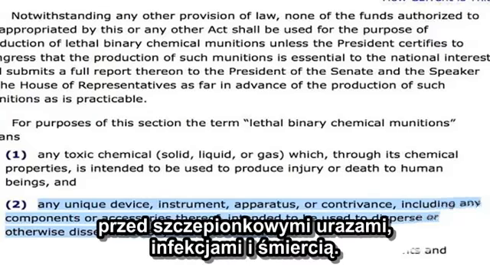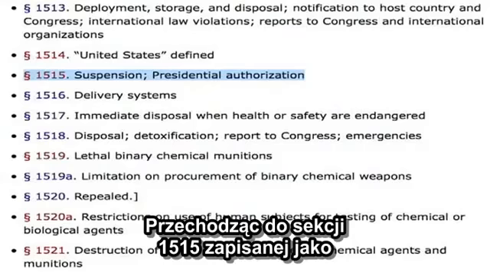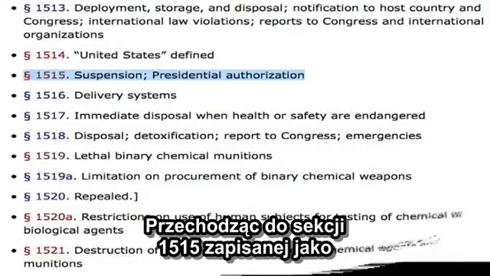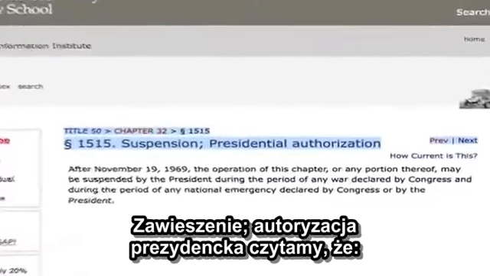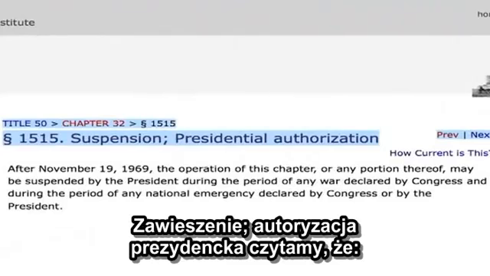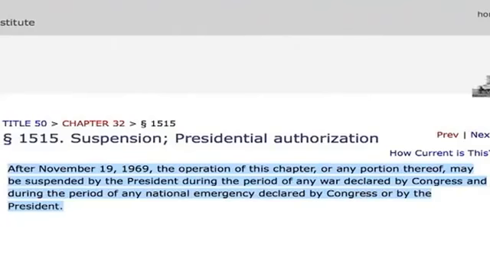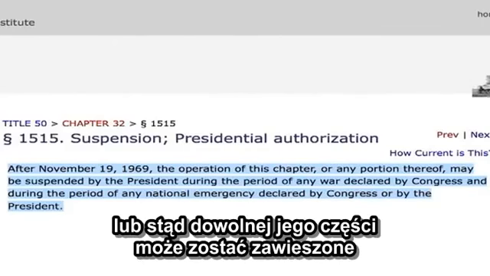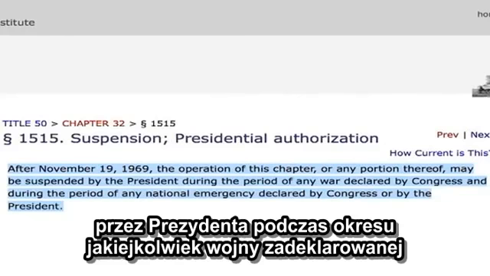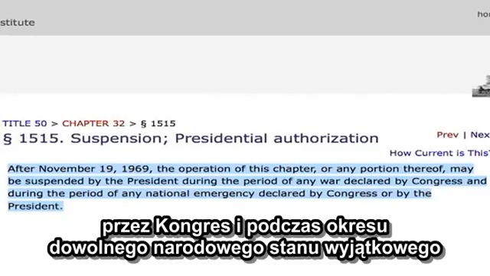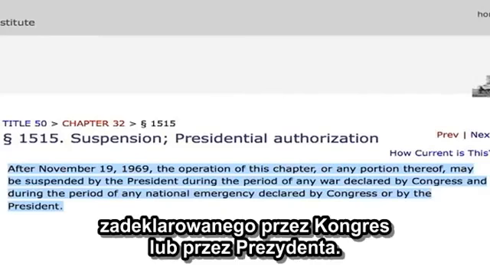and death. Moving on to Section 1515, listed as suspension and presidential authorization, we read that after November 19, 1969, the operation of this chapter or any portion thereof may be suspended by the President during the period of any war declared by Congress and during the period of any national emergency declared by Congress or by the President.